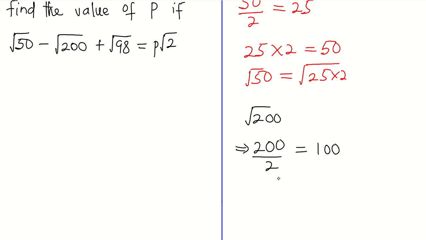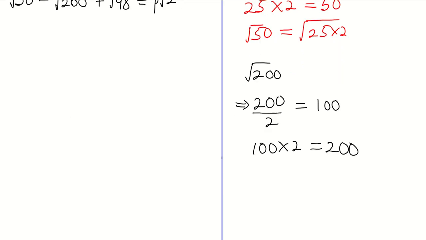Now this tells us that if we multiply 100 by 2, then we are going to get back our 200. So square root of 200 should then be the same as square root of 100 times 2. Let's keep this and work on the other.